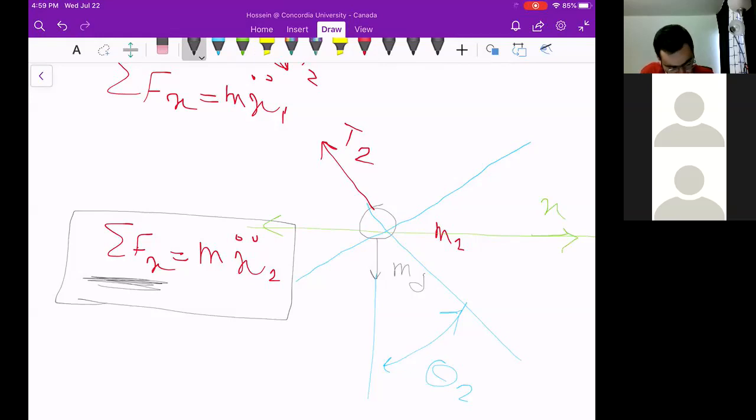So one of the mg terms will come here. If you project mg in the tangential direction, it is mg sine theta 2. And here would be mg cosine theta 2.